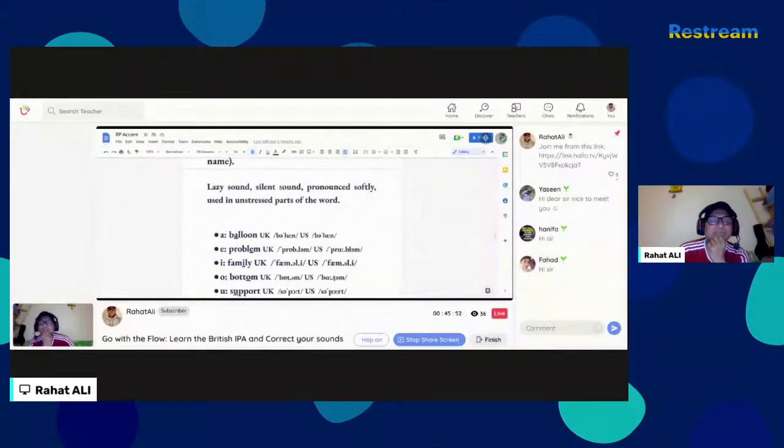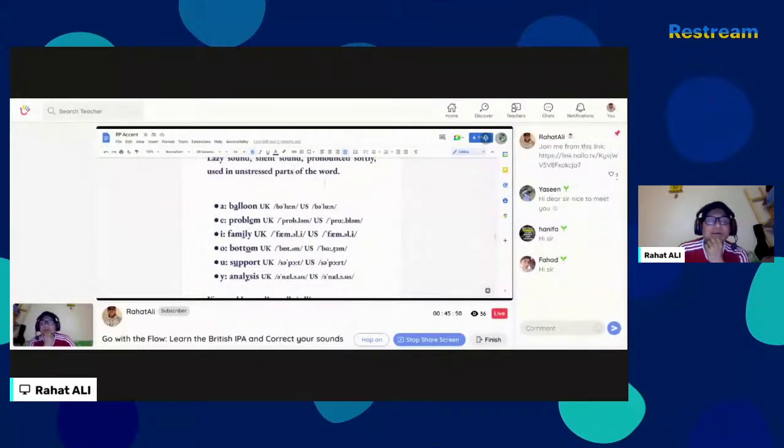Let me share all of them. I've shared the 5 different vowel sounds which sound like the schwa sound. It is not balloon, it's balloon. A is the schwa sound, which is pronounced very softly. I had a hot air balloon ride in Cappadocia this week. I enjoyed it a lot.